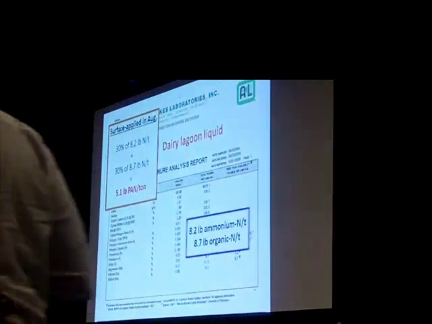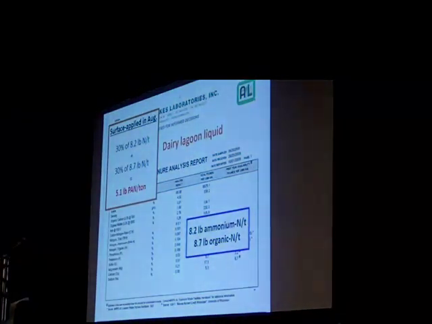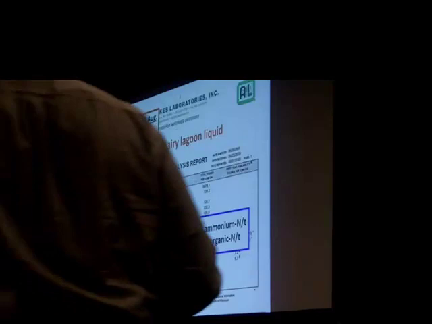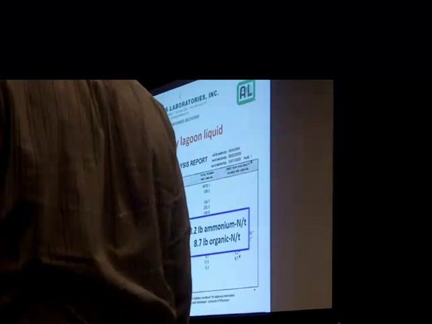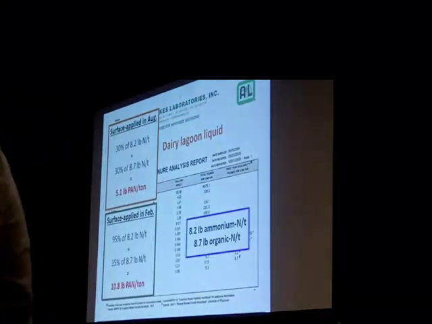Here with surface application, instead of having about 17 pounds of available nitrogen, or total nitrogen, we're going to reduce plant available nitrogen to only a third of the total, and only have about 5 pounds per 1,000 gallons. It should not be tons, it should be 1,000 gallons. And then if we can wait till February, we double that plant available nitrogen. So again, timing is the most important component.